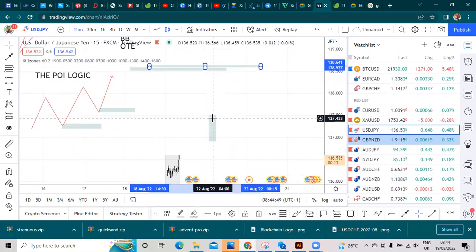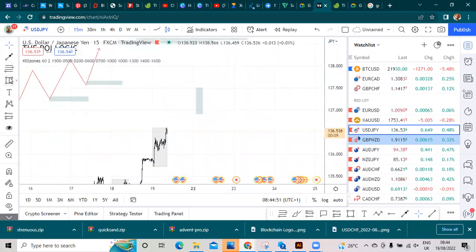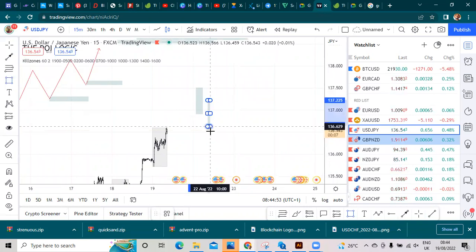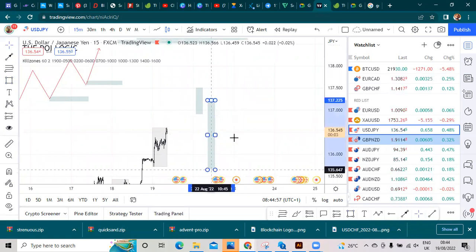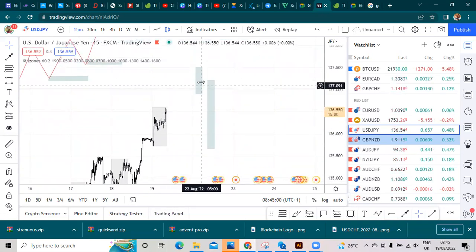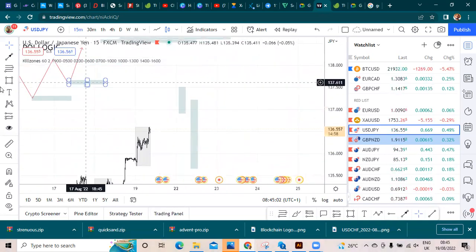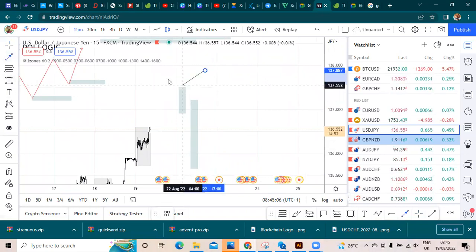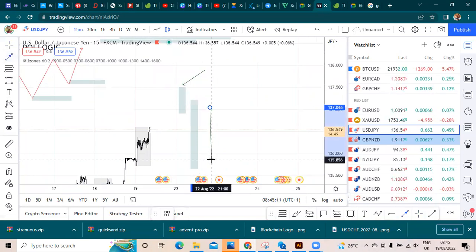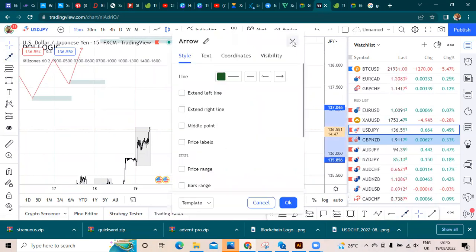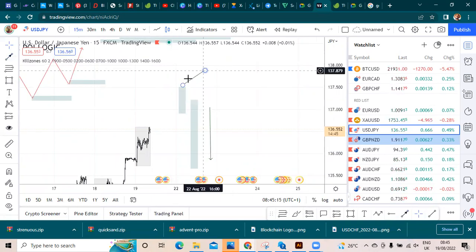Now, if price is going to go down in an impulse when banks are influencing things, the last candle that occurred before that is this. If price is going to go down like this with speed, what we want to pay attention to is the previous candle, which is this.